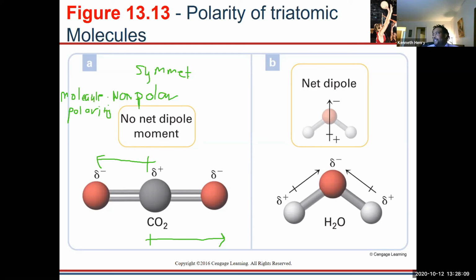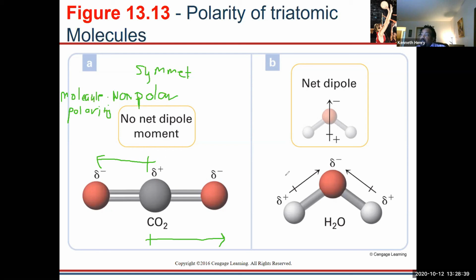Bond polarity. Would it be polar? That's right. Okay. And it's going to be favoring going towards whom? The oxygen. Just like the arrow is showing right there.